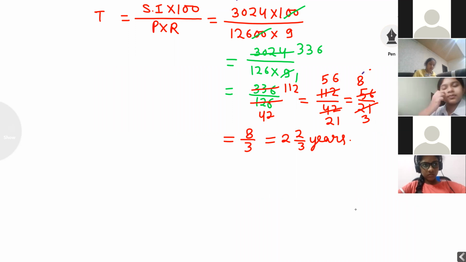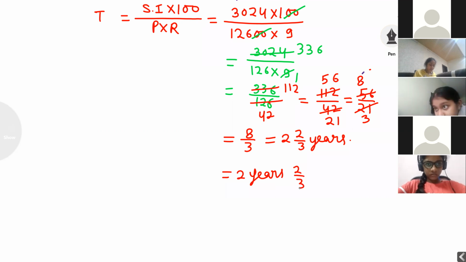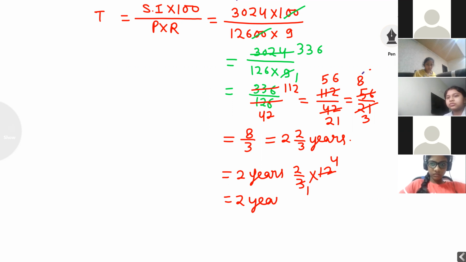Don't worry. 2 years I have written here, and 2 by 3 years I want to convert into months. 2 by 3 into 12. 3 1s are 3, 3 4s are 12, 2 4s are 8 months. So it is equal to 2 years, 8 months. I hope you got it. You got it, students? Yes, note down. Hence, the required time is 2 years, 8 months.